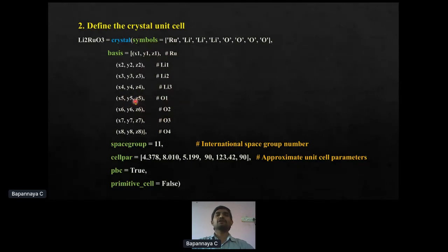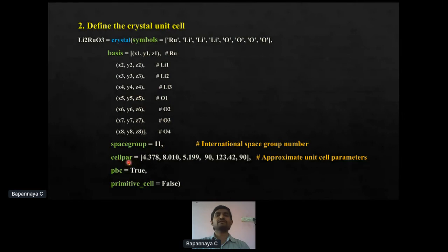Of course, the position coordinates may be acquired from experimental data, or we can choose approximate position coordinates, because anyway we will relax the unit cell so that the position coordinates will change subsequently. And the space group which we want to optimize has international space group number 11, and this goes for the P21 structure.